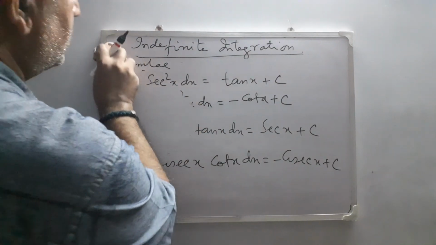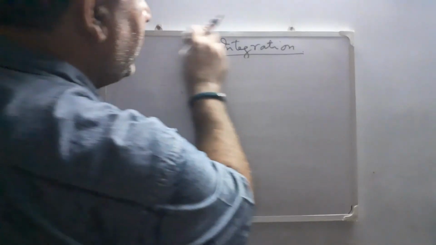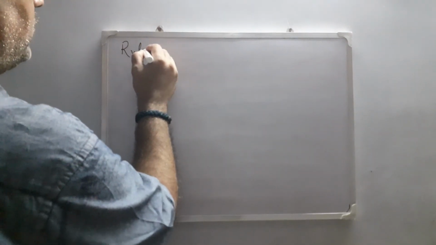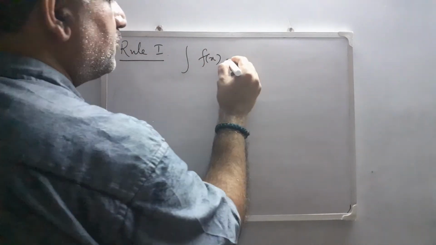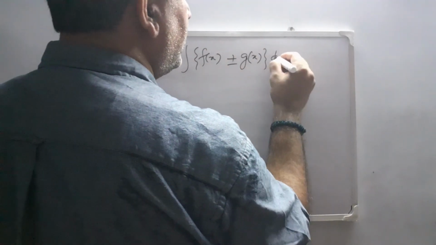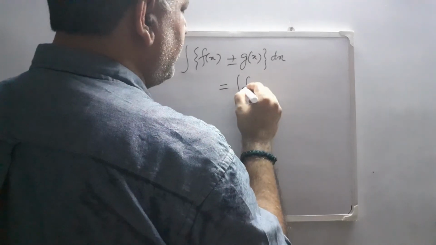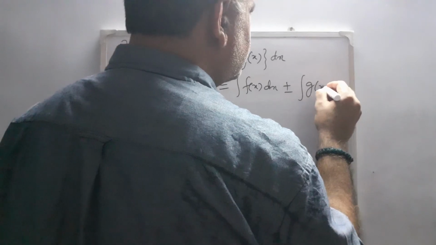Now there are a few rules which we will discuss here. Just like differentiation, we have rules for integration. We should discuss only two rules now, and more later on. Rule 1: integral of f(x) plus minus g(x) dx is equal to integral f(x) dx plus minus integral g(x) dx.